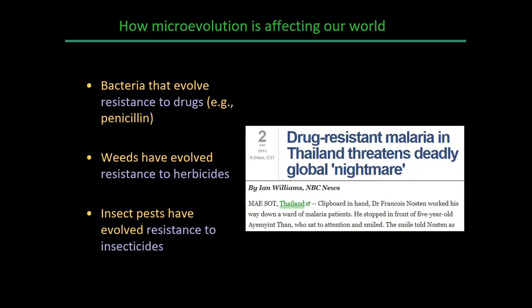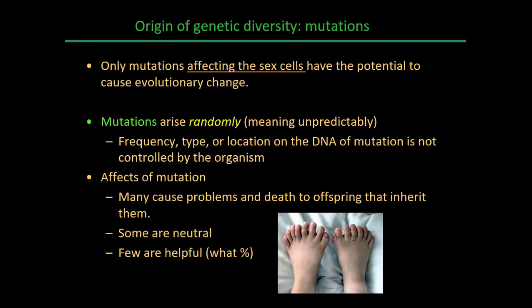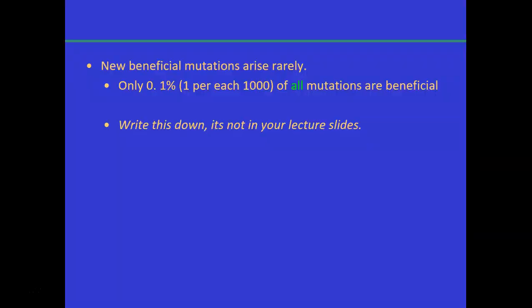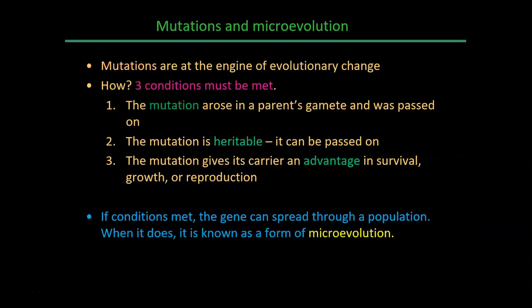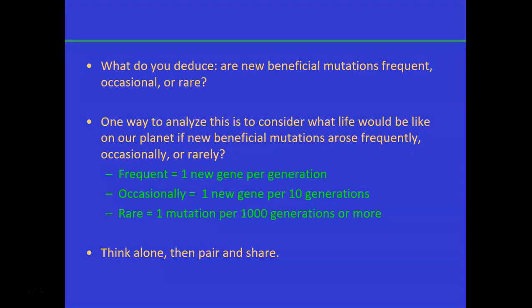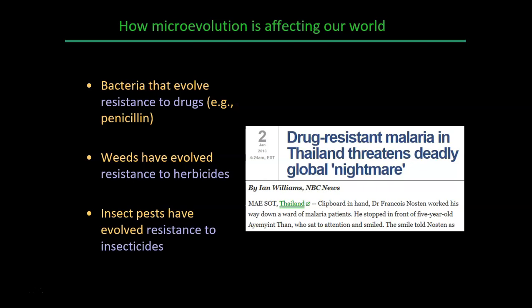All right, moving on here. So microevolution, which we covered way back here, is the change in the genetics of a population through time. And microevolution in some groups of organisms is really fast, and that includes bacteria.